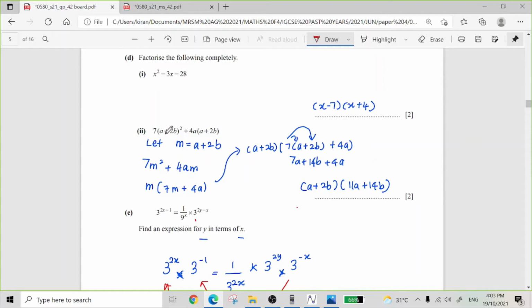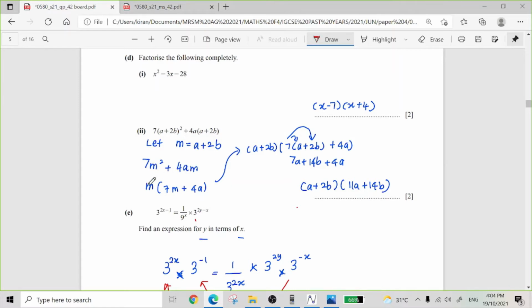Okay, next one is 7 times (a plus 2b) squared plus 4a plus 2b. To make it easier for you, I let m equal to a plus 2b, so it will be 7m² plus 4am.